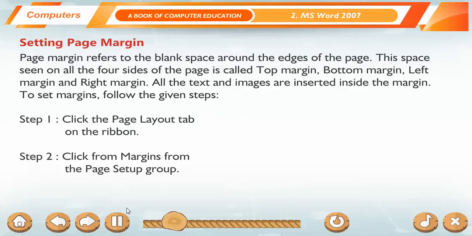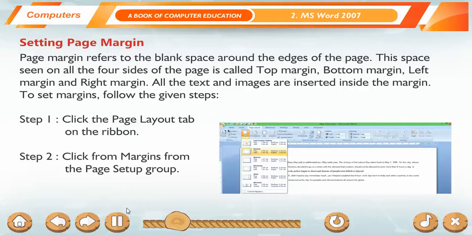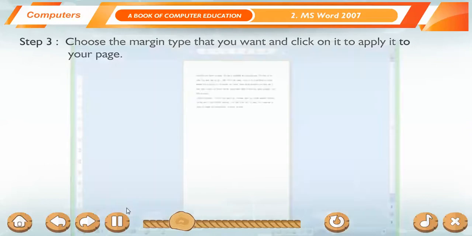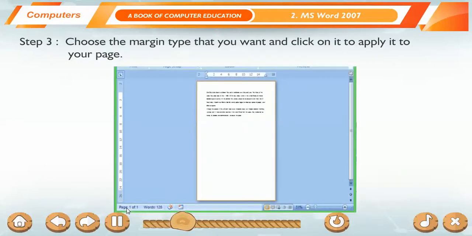To set margins, follow the given steps. Step 1. Click the Page Layout tab on the ribbon. Step 2. Click Margins from the Page Setup group. Step 3. Choose the margin type that you want and click on it to apply it to your page.